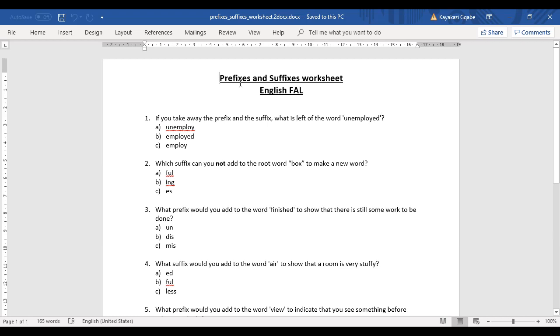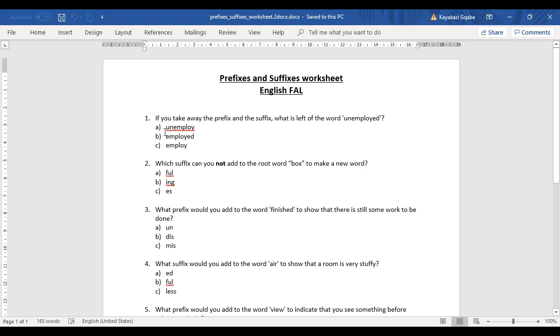So this is a prefixes and suffixes worksheet that I created for you guys. Number one says, if you take away the prefix and the suffix, what is left of the word unemployed? Okay, so unemployed has both the prefix and the suffix. So if you were to remove the prefix as well as the suffix, what would you be left with?